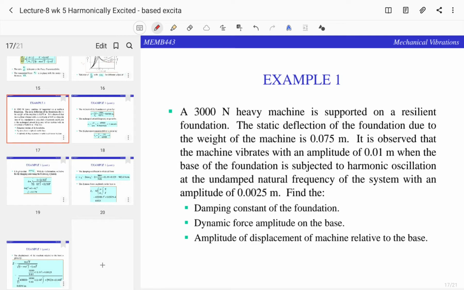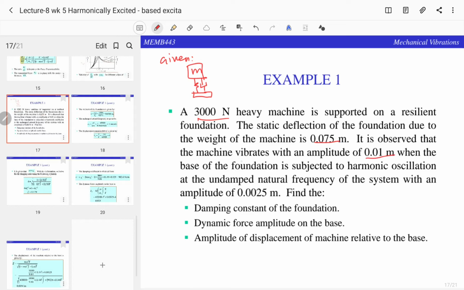They give you the parameters here, where you have a 3000 Newton machine, which will be your M. The static deflection of the foundation due to the weight of the machine is 0.075 meter, and it is observed that the machine vibrates with an amplitude of 0.01.